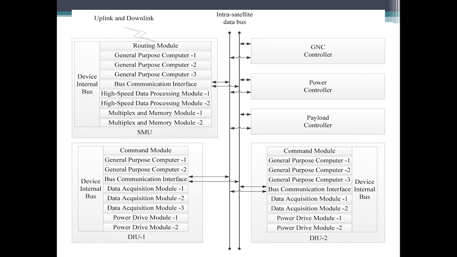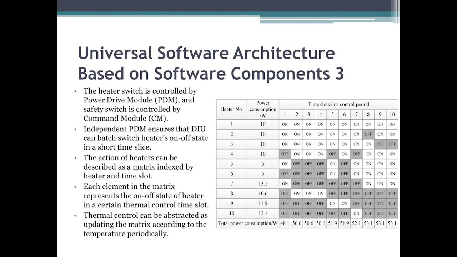The DIUs also have the same kind of data acquisition module and the same kind of power drive module. The heater switch is controlled by the power drive module, and the safety switch is controlled by the command module, and the thermal control is in DIU.